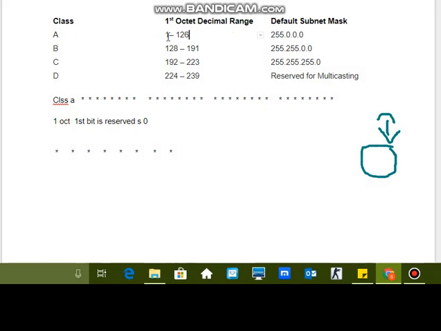So why are we not considering 0 and 127? The 0 is a network address and 127 is a broadcast address. It will be a little confusing as a beginner. So right now, just go ahead with the flow. Later you will come to understand these things.